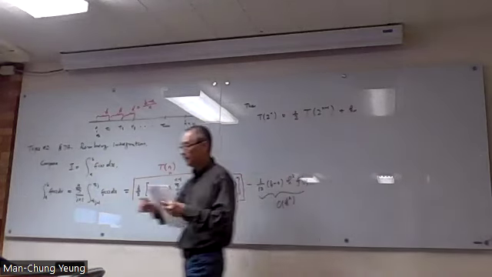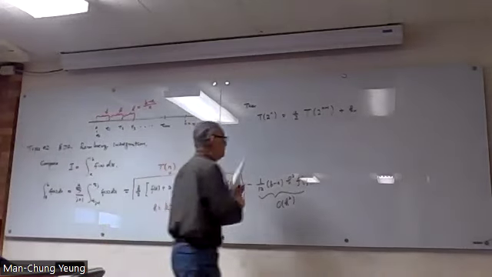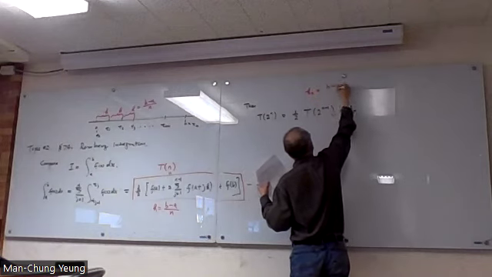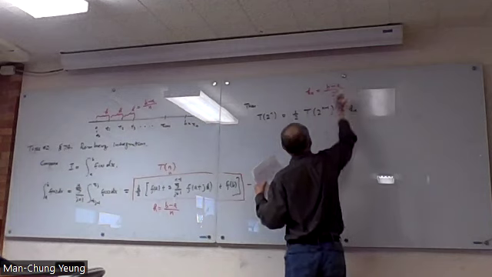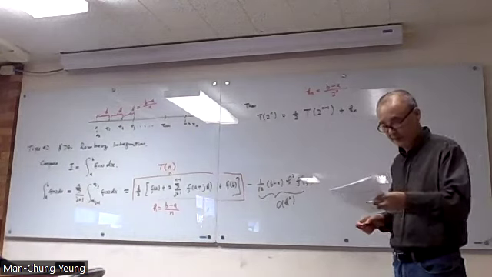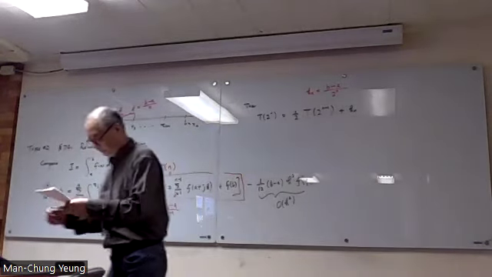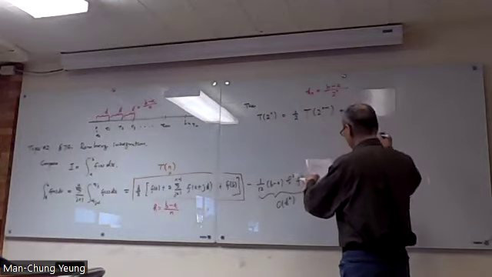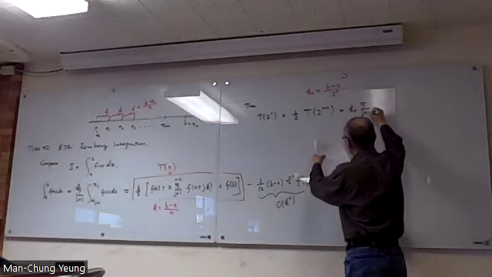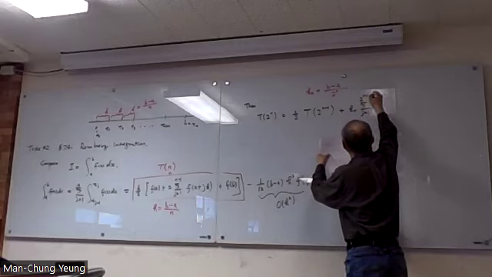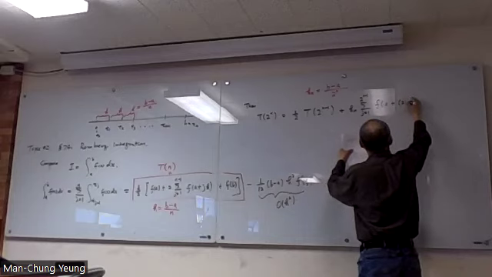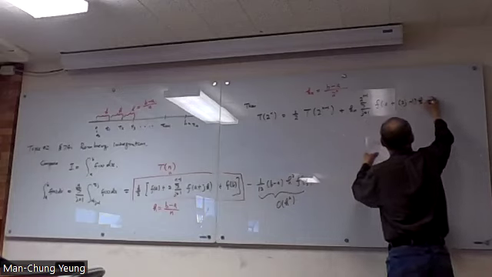What is h_n? h_n is (b minus a) over 2n: cut the interval AB into 2n subintervals.